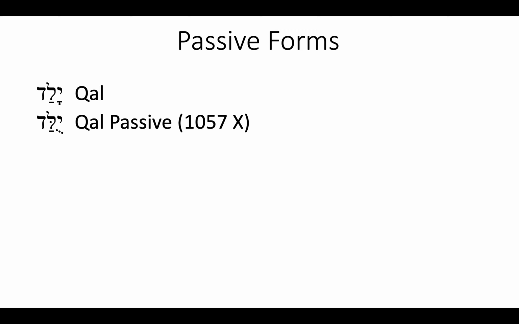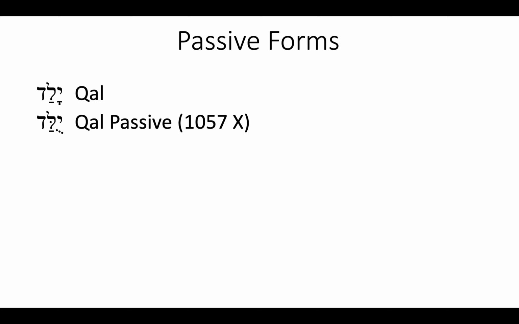So if you know what the root meaning is and you see an oo vowel, think passive, and maybe before you look it up to really see what the meaning is, if you're just translating on the fly, give it a passive meaning and you'll probably be correct.